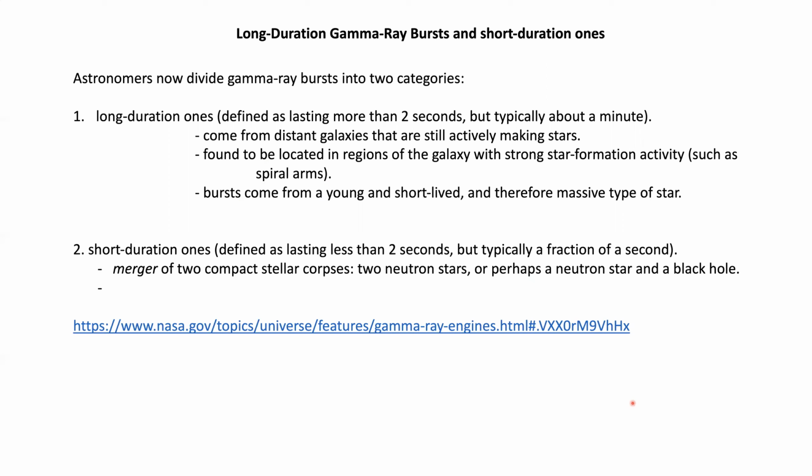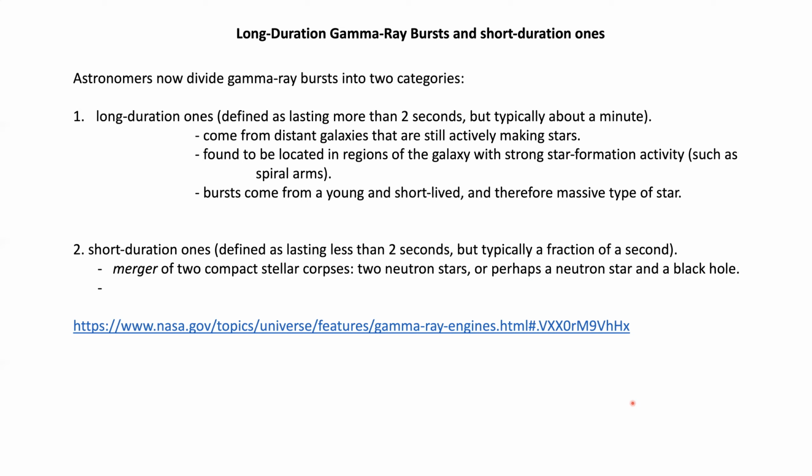And most of them are actually actively making stars, which means inside those galaxies they have a lot of high mass stars. Both high and low mass stars, and they are still active, which means they are having these star formation activities going on, right?